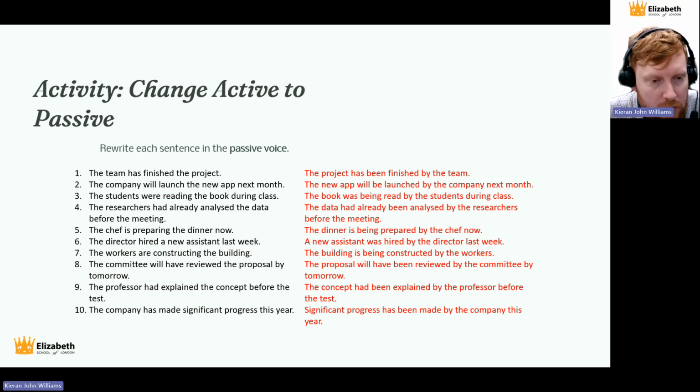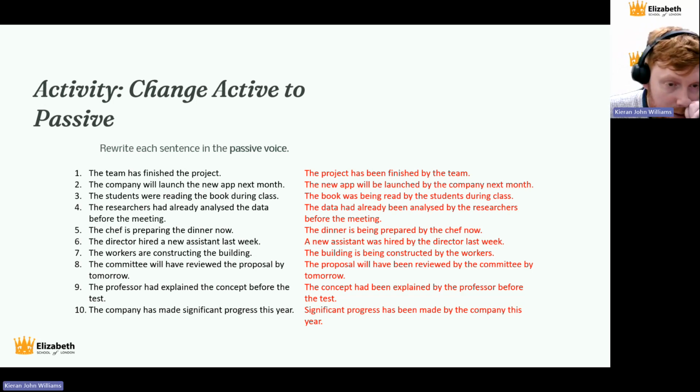Okay, on to number four. The researchers had already analyzed the data before the meeting. So again, object, verb, subject, the data had already been analyzed by the researchers before the meeting. Object, verb, very long verb, and then subject here.